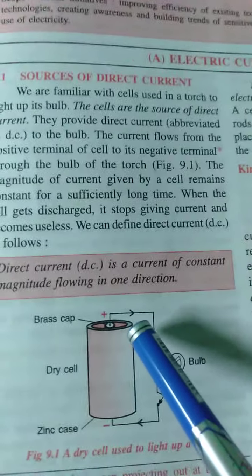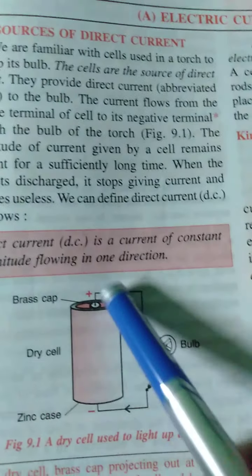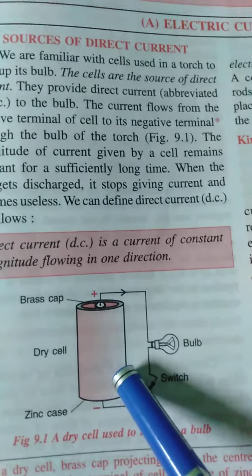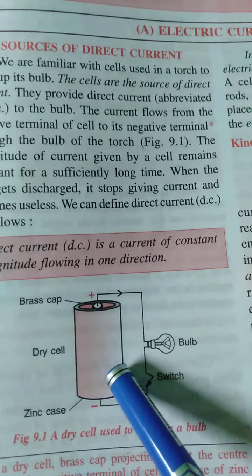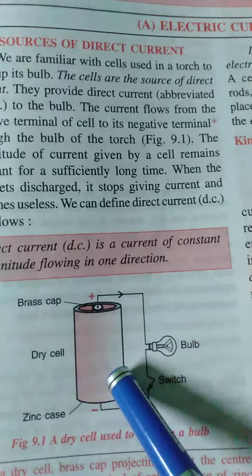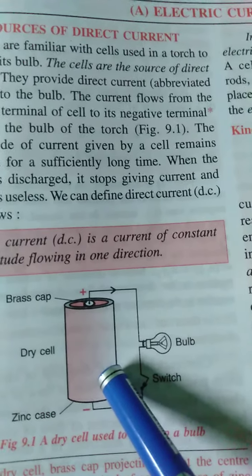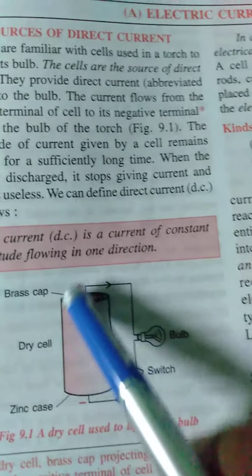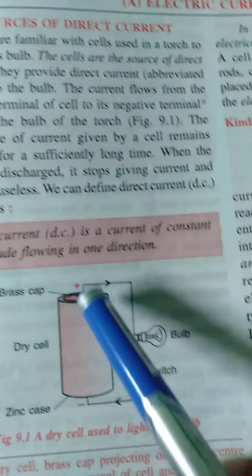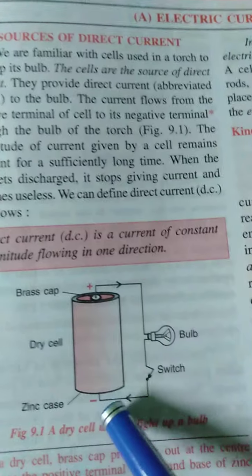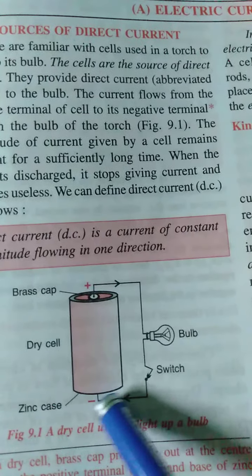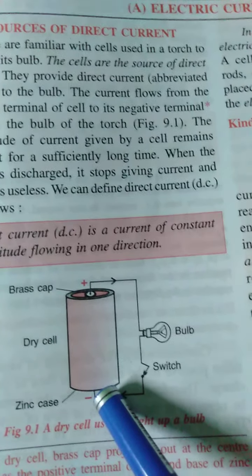As you can see in the figure, this is an example of a dry cell that we buy from the market to use in clocks, toys, and TV remotes. This is the single cell, and the brass cap is the positive terminal, and the base, that is the zinc case, is the negative terminal.